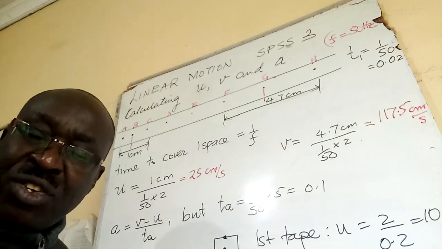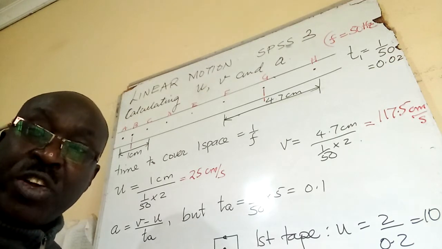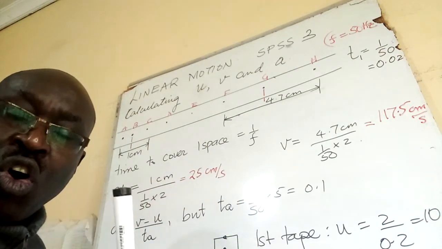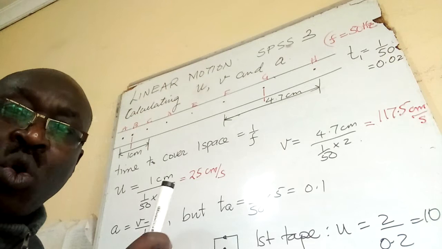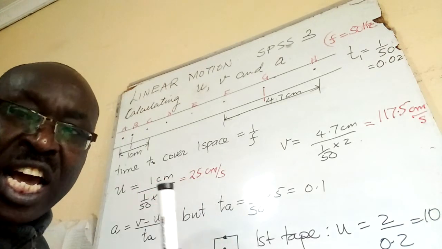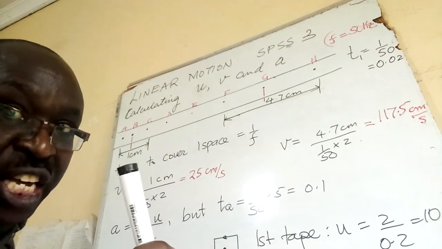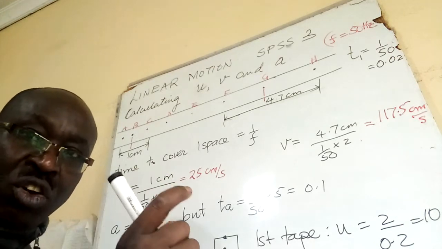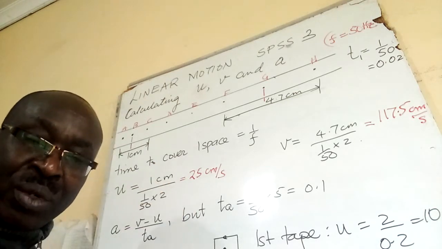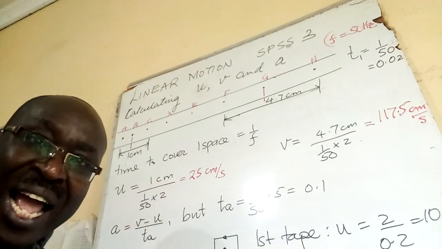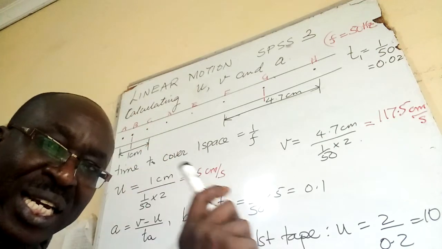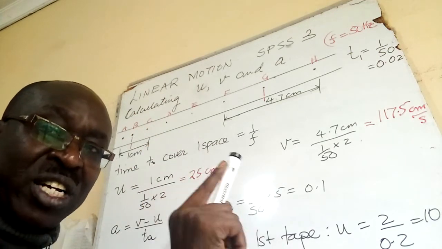The difference is, if you talk of initial velocity, in your mind, you know the trolley was traveling in a specific direction, which is the case. So when I talk of speed, there are those figures, numbers. When I talk of velocity, I have the same figure, but at the back of my mind, trolley traveled in a specific direction.